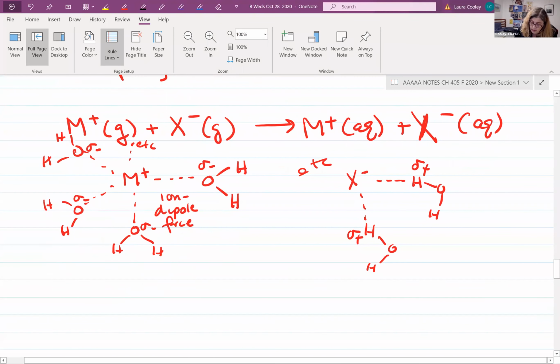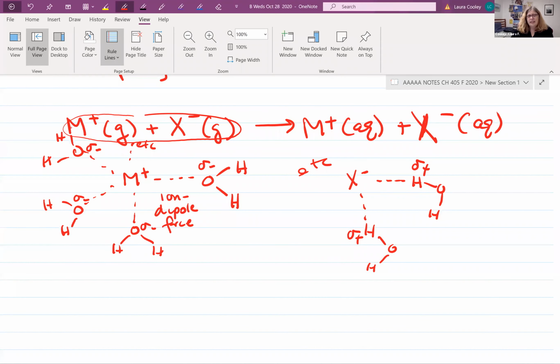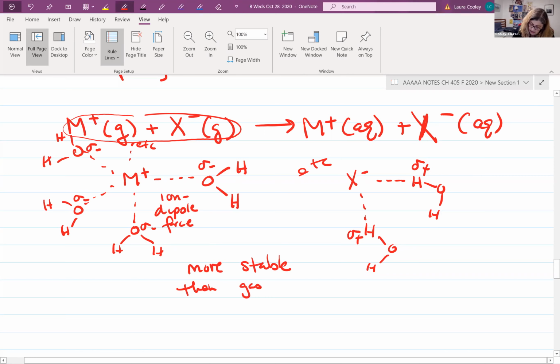So here on the left side of this equation, you have these poor ions that have nothing to stabilize them, right? There's nothing for them to attract to in the gas phase. And then you put them in water and you get these ion dipole forces. And so this is much more stable than the gaseous ions, because these are attractive interactions.